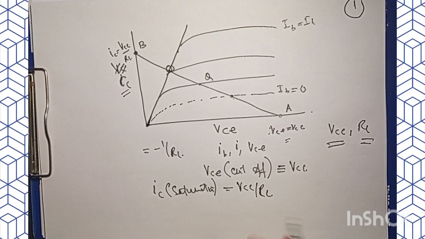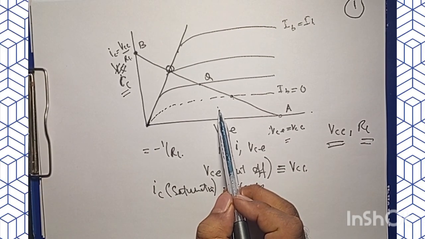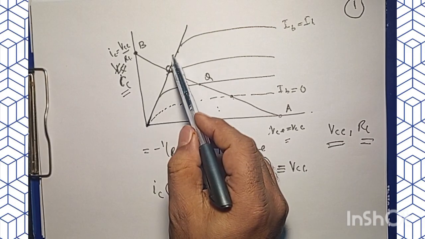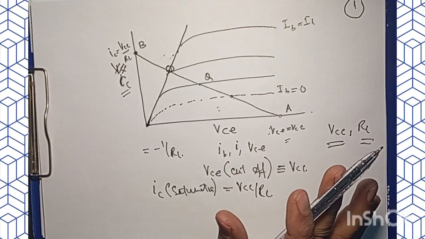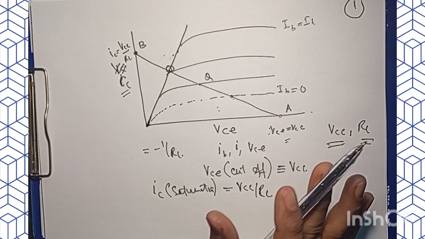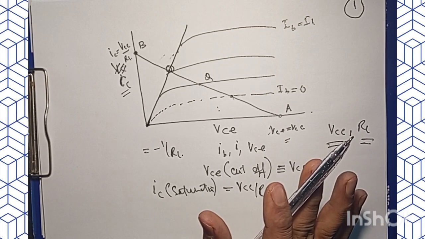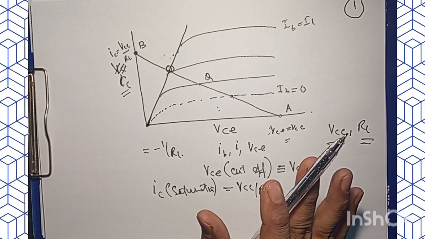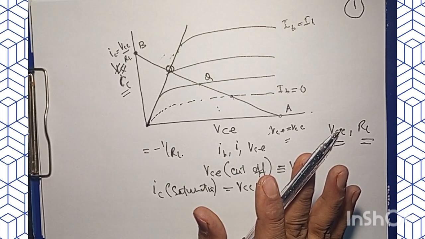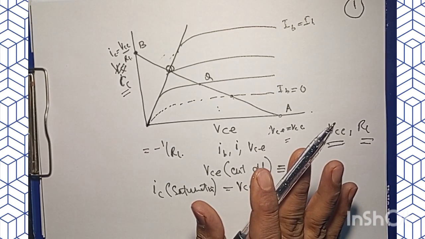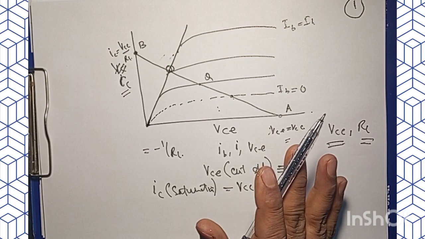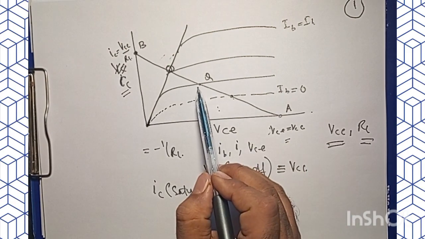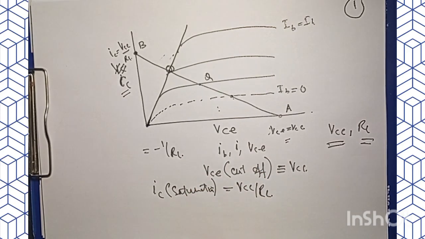So all operating points between cutoff and saturation are the active region of the transistor, and certainly we are interested in stabilizing this Q point where the transistor has to be operated.